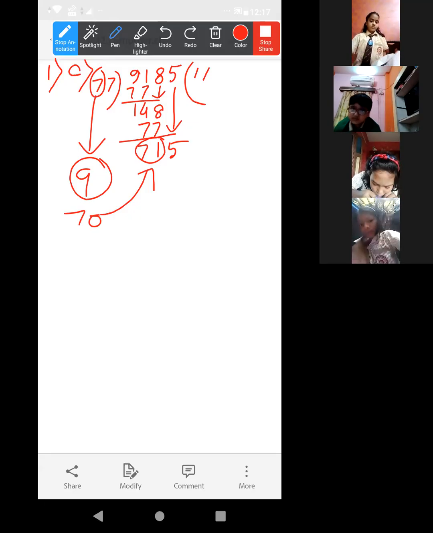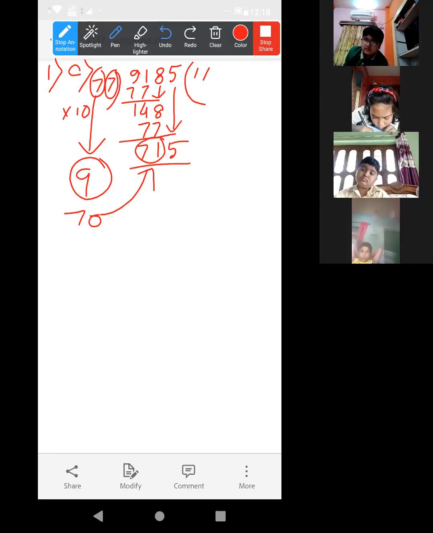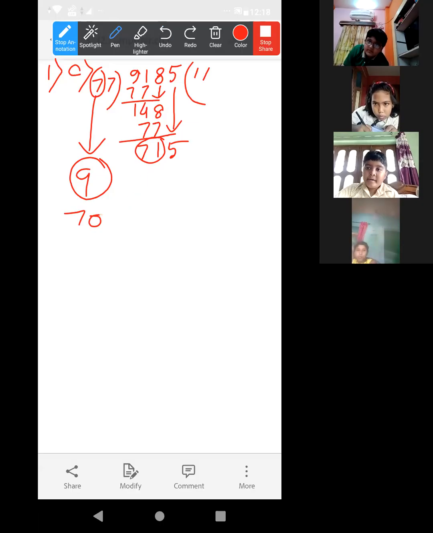But if we multiply it by 10, there is also one more 7, then that number will be greater than this 715. That's why we will take 9. Understood?